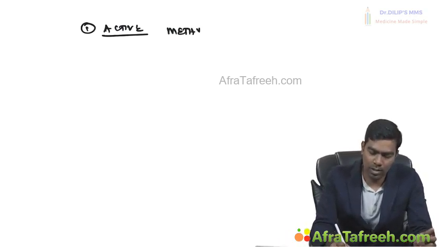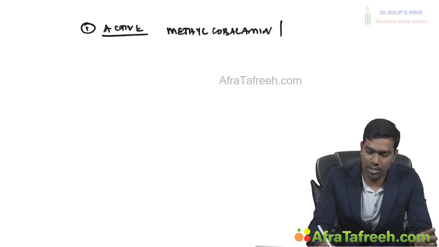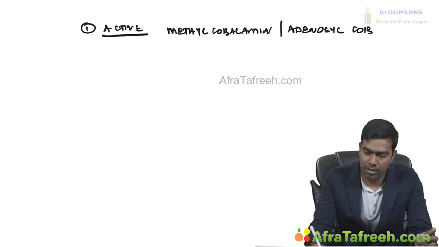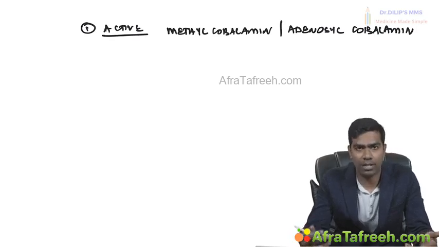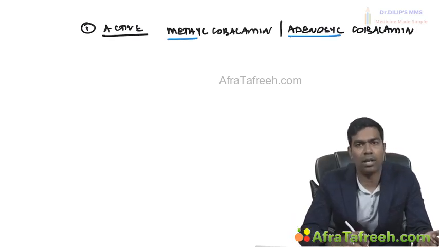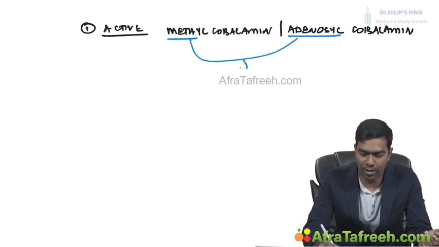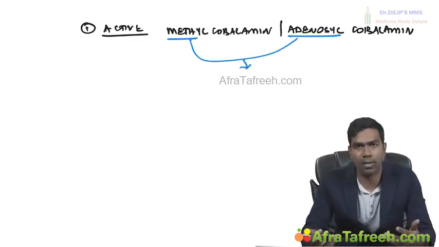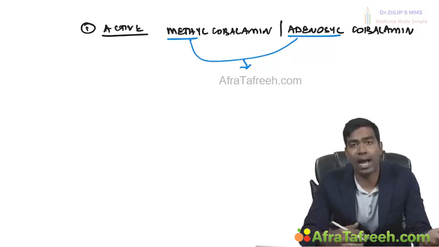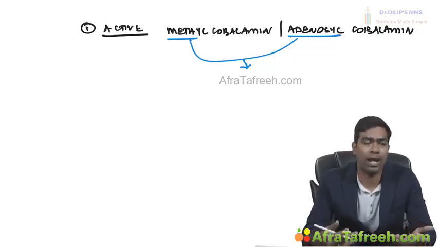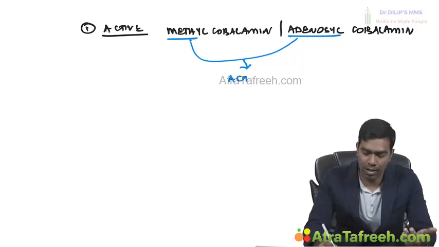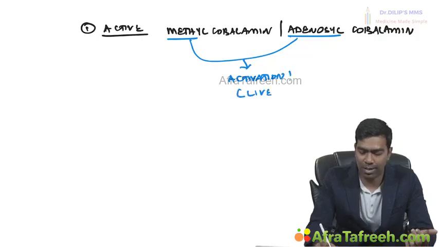One is methylcobalamin, and the second one is adenosylcobalamin. The addition of the methyl group to form methylcobalamin and the addition of the adenosyl group to form adenosylcobalamin is what we refer to as the activation process, and that happens in the liver.